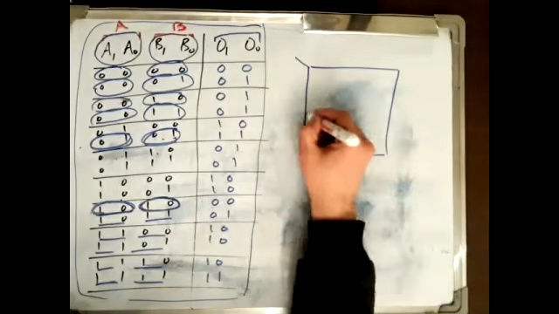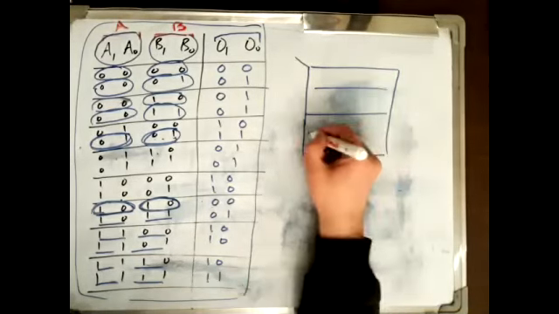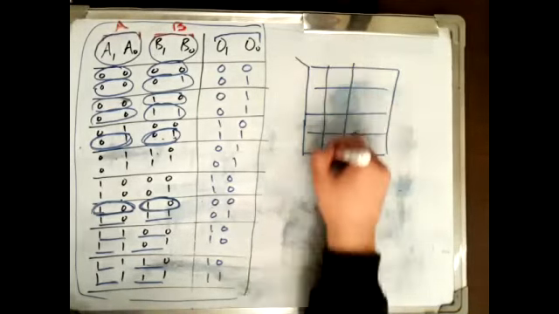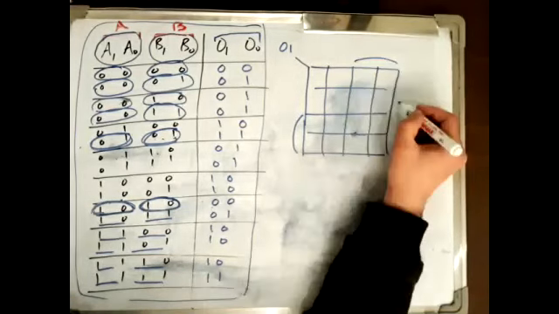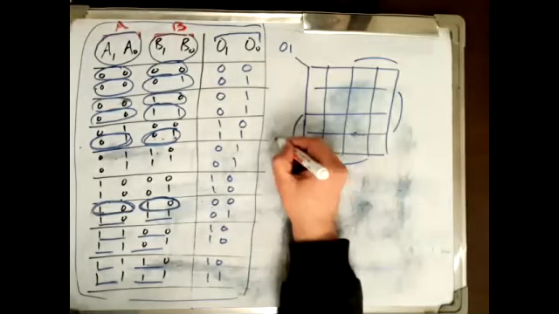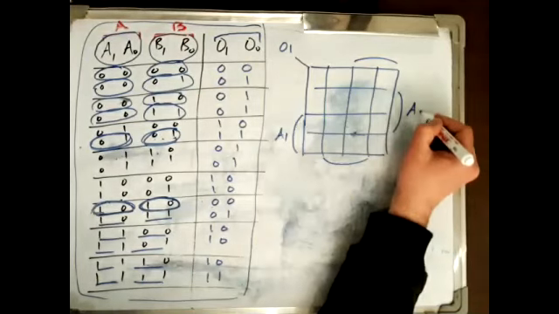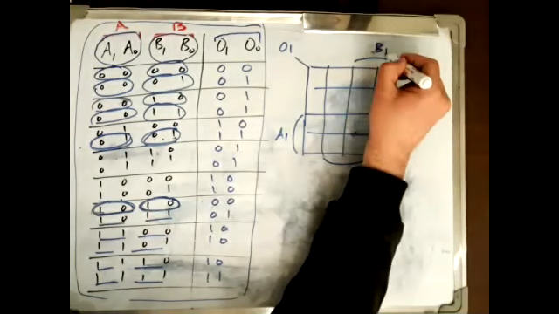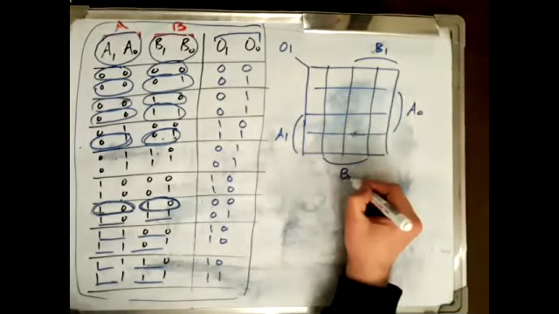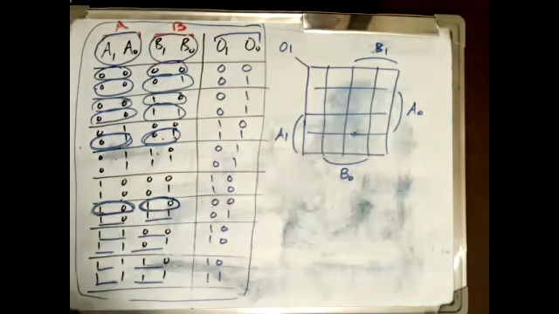So let me do one of these outputs and leave the other one for you to do. If I take output 1, it is now a function of 4 variables, which are A1, A0, the order is important, B1 and B0. Now we need to fill the map.